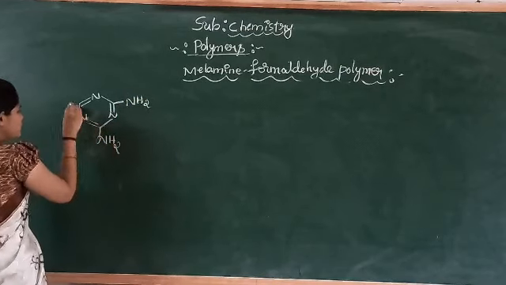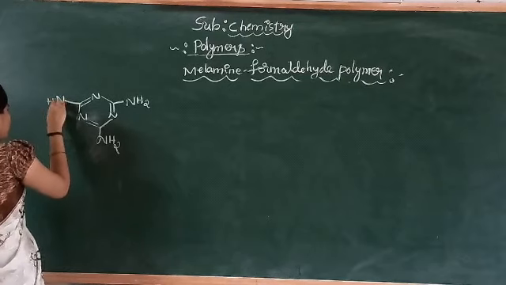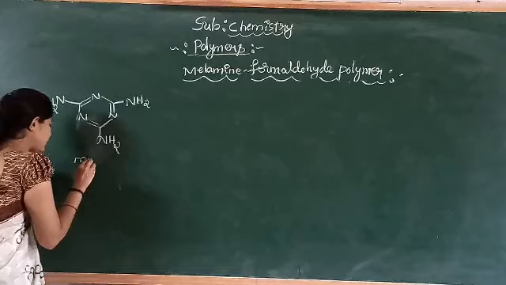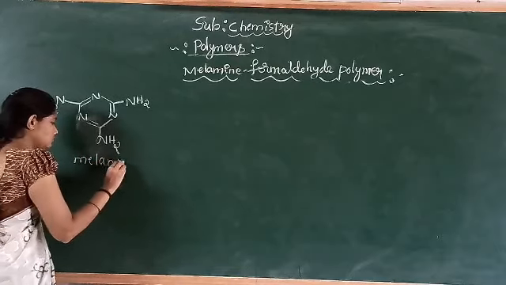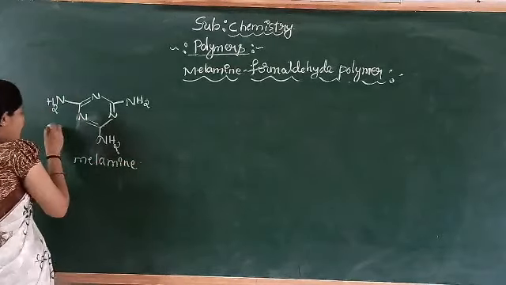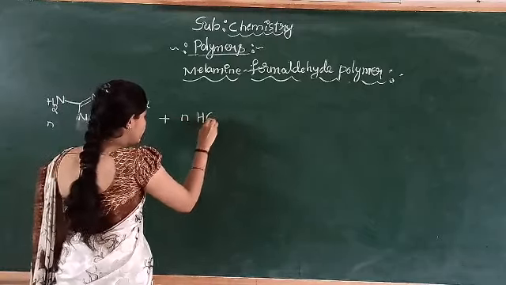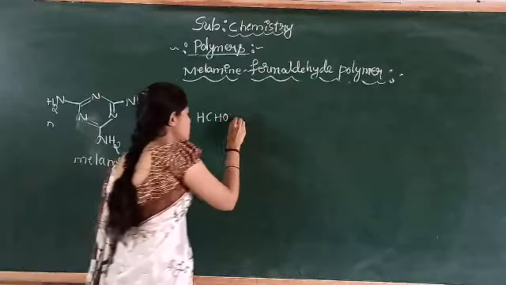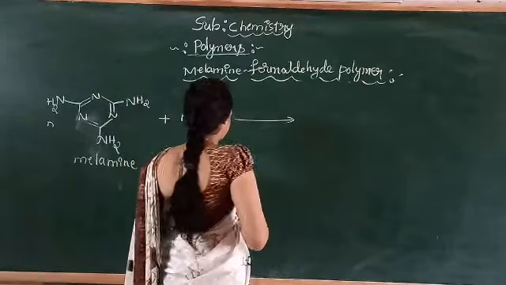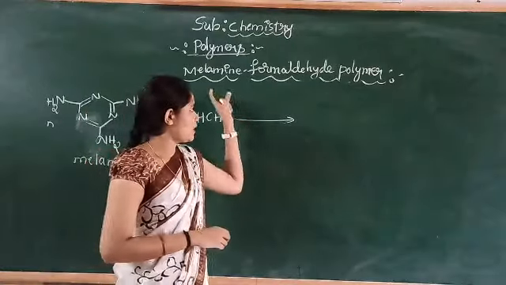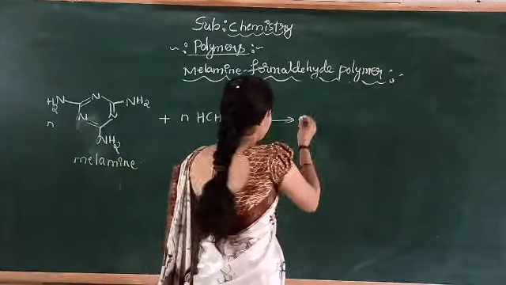Here we have NH2 and here we have one NH2 group. This is the structure of melamine. n number of melamine molecules react with n number of formaldehydes, or the polymerization of formaldehyde and melamine, which gives melamine formaldehyde polymer.